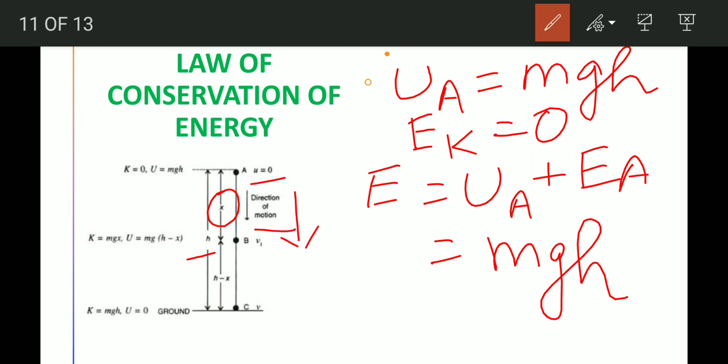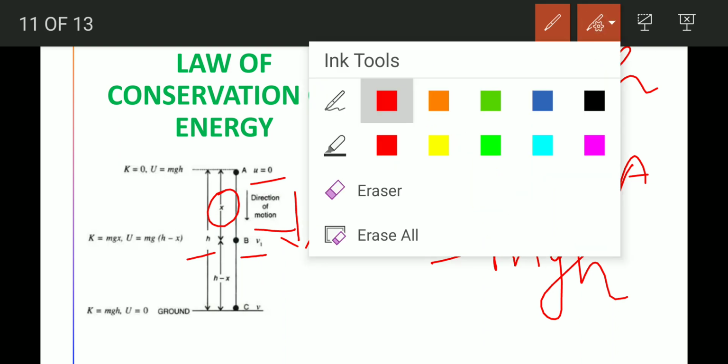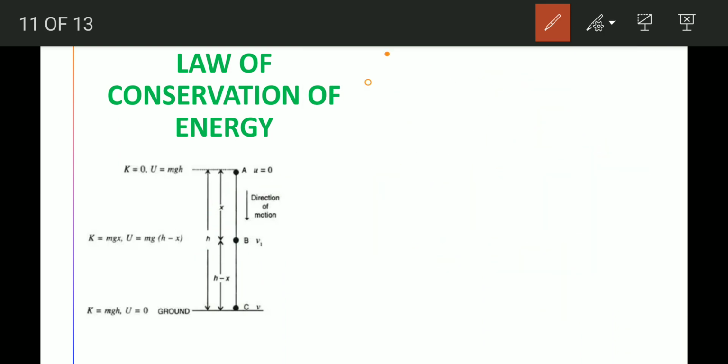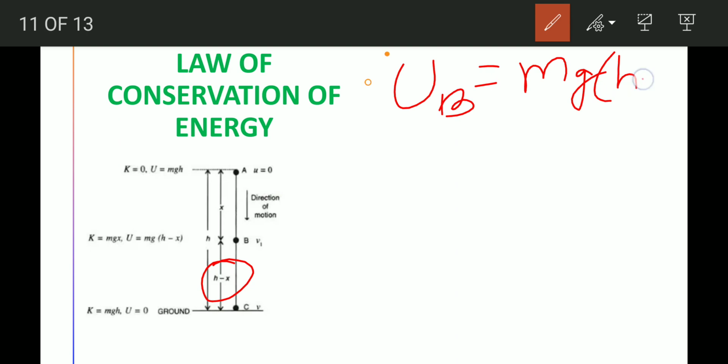Now after travelling a distance x, it has reached point B, and let's see what the total energy is now. At point B, if I want to find the potential energy, the formula says mass times acceleration due to gravity multiplied by the height above the ground level, and it is at a height of h minus x above the ground level.